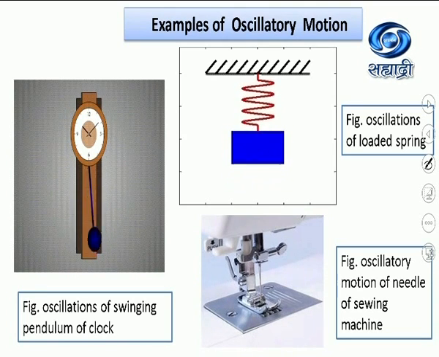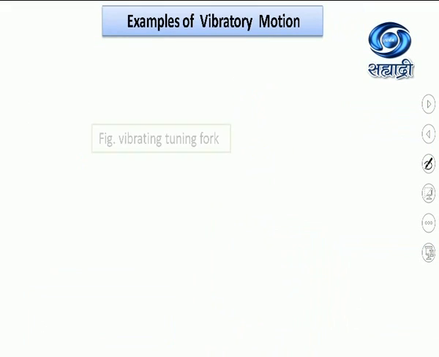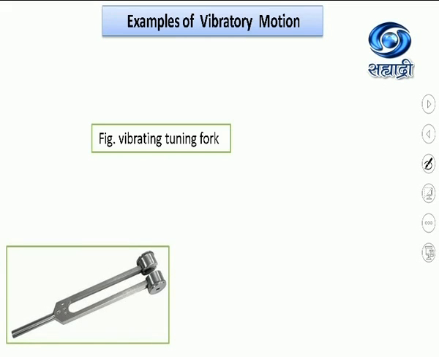The examples of the vibratory motion are a vibrating tuning fork. As per the diagram, these two parallel rod-like structures are called the prongs of the tuning fork, and the lower part, the base, is called the stem of the tuning fork.